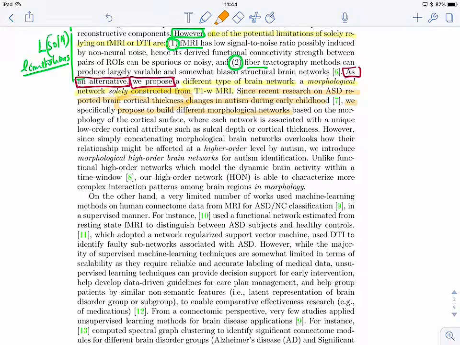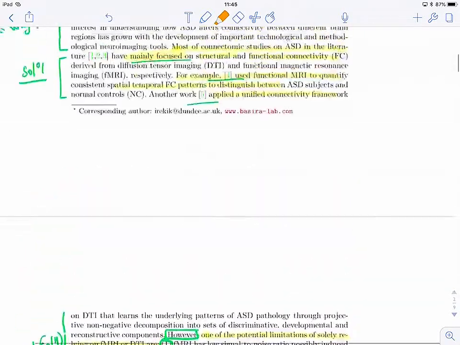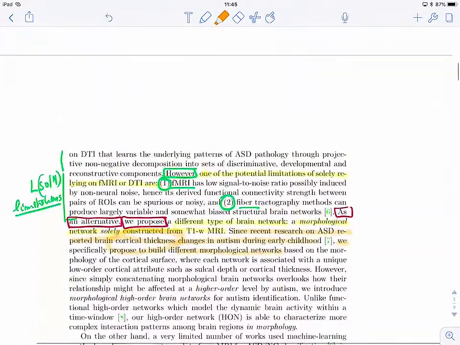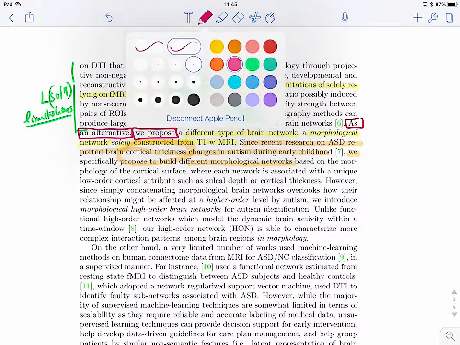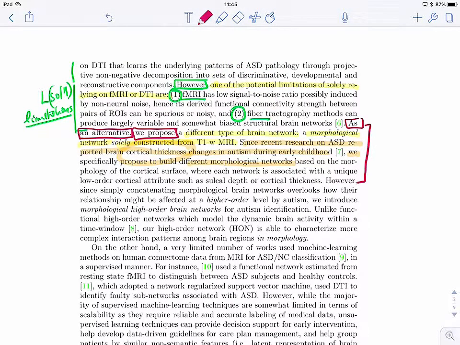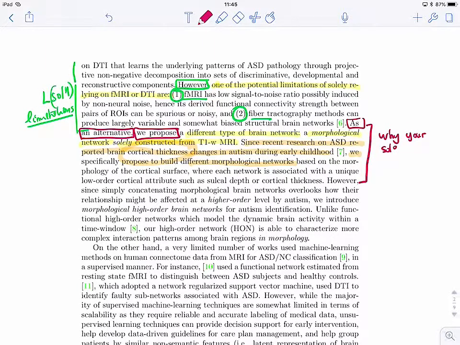So giving an intuition: it's not just enough to say, well, to address the previous limitation, we're proposing this solution, but why this is a good solution, right? So intuition is important. So right here in this part, you say why your solution is good. So give some intuition, explain it.